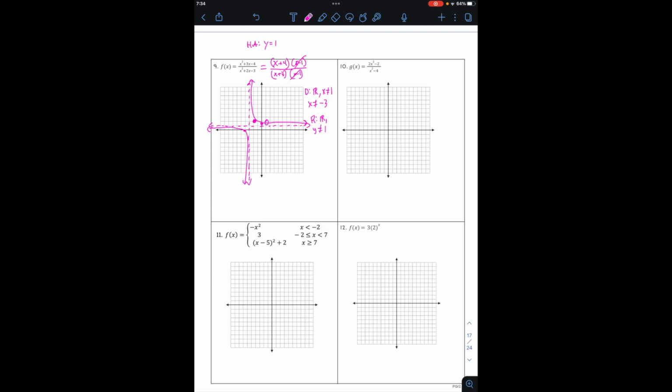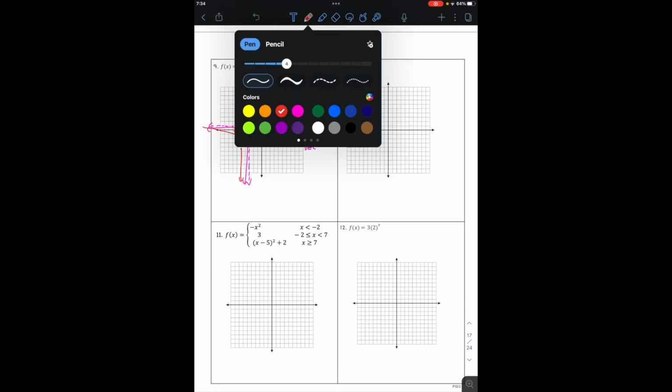Increasing and decreasing. Now, this is really weird. This function is decreasing on its entire domain. If we look at it on the left part, technically we're decreasing, decreasing, decreasing on this whole piece of the function. And then if we look over here, we're always decreasing. So moving left to right, we're always decreasing.